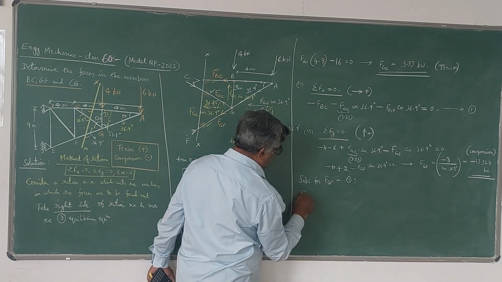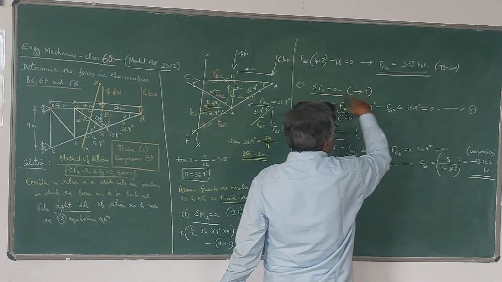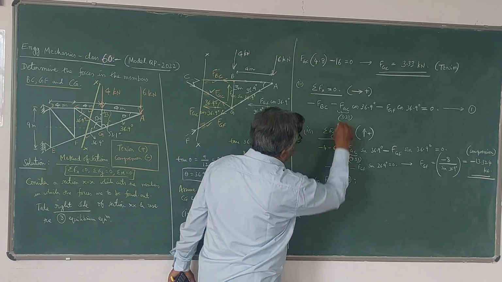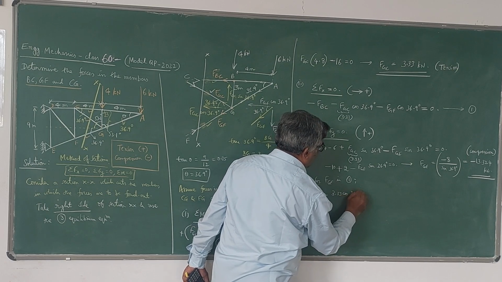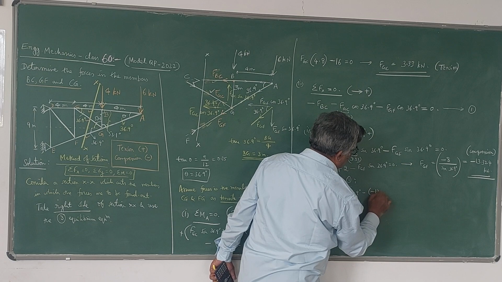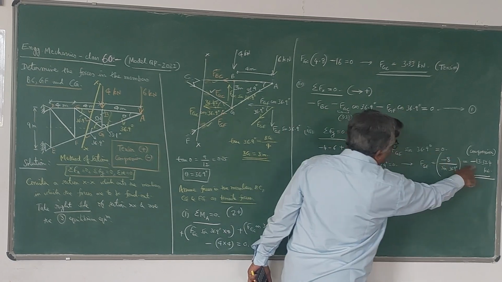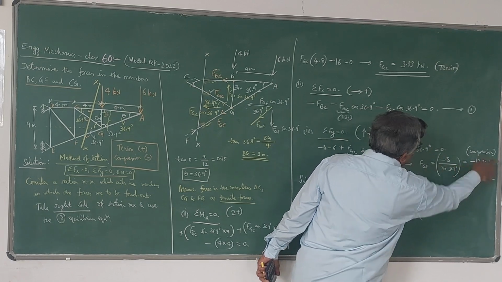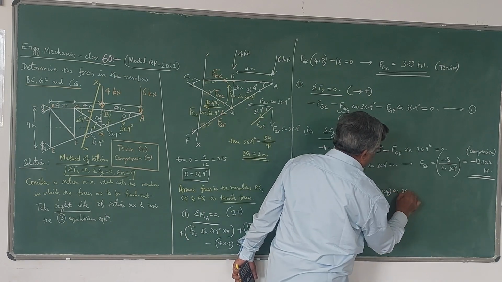So FBC will be equal to, if I bring this FBC to RHS, this minus becomes plus. These two I will write as it is. So it is minus FGC, 3.33 into cos 36.9, minus FGF, which is once again minus. Be careful here. So this becomes minus of minus. FGF is minus 13.324. So minus into minus, it will come cos 36.9.